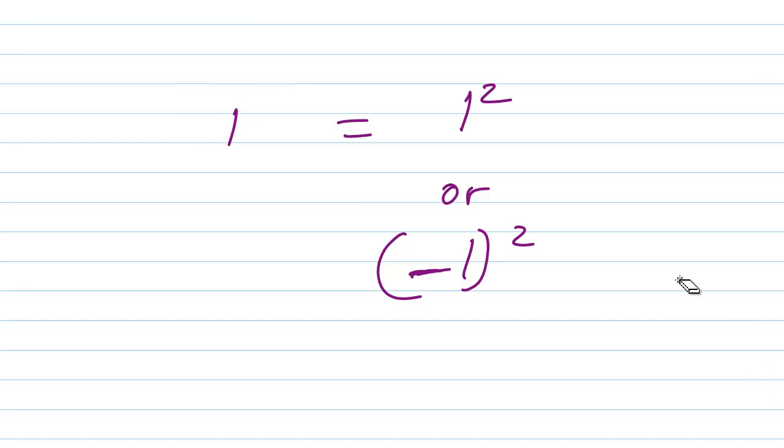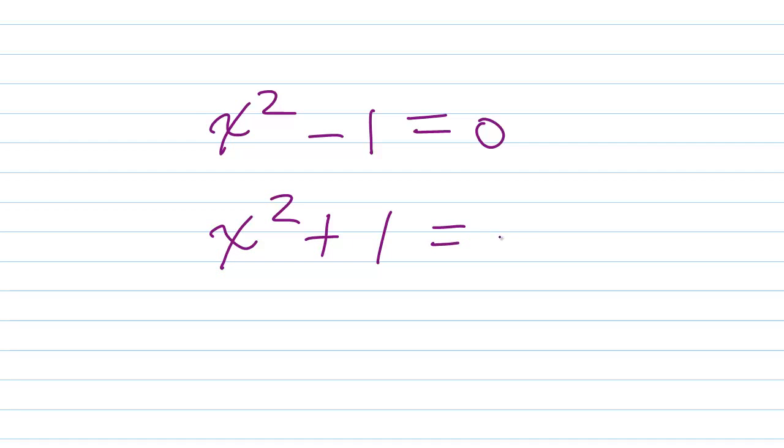So that is basically what we're dealing with here: a quadratic equation of some sort in an extremely simplistic form. x squared = 1. x squared = -1. These are very simple quadratics, but if you want to put these equations in formal quadratic form: x squared - 1 = 0, x squared + 1 = 0.